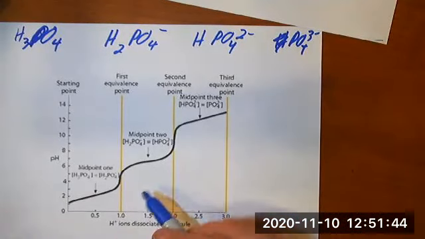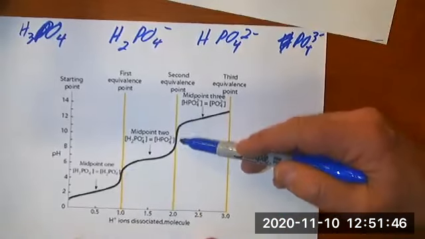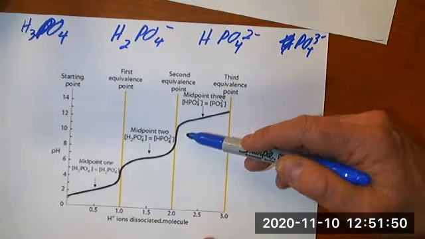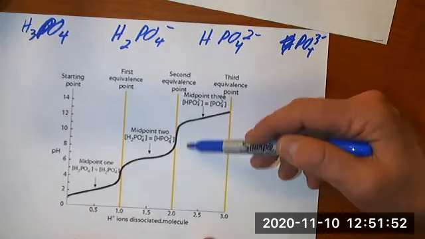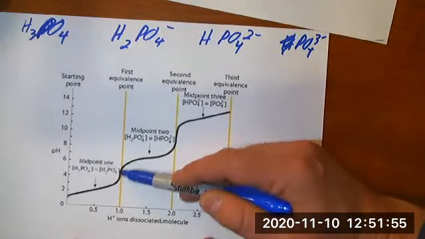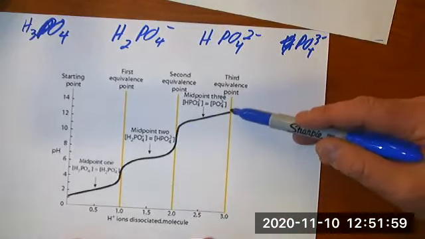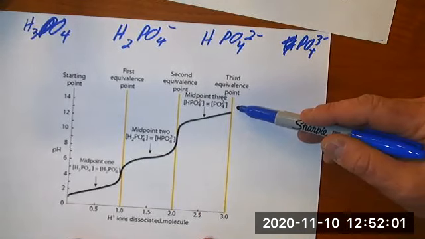Now you'll notice that the first 2 look like what we would expect from the previous titrations that we saw before. We have a very sharp rise in the pH. But we don't really see that here for the third one.